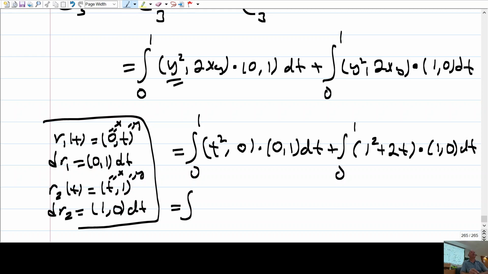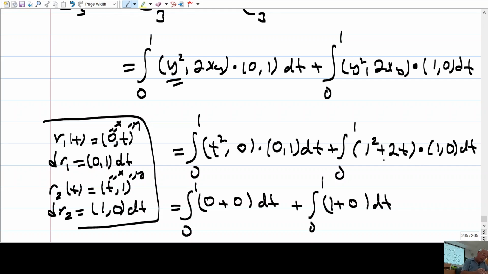Okay, right? And when you take the dot product here, you get t squared times 0, which is just 0, dt, plus here I have 1 times 1 plus 0 times 2t, dt.